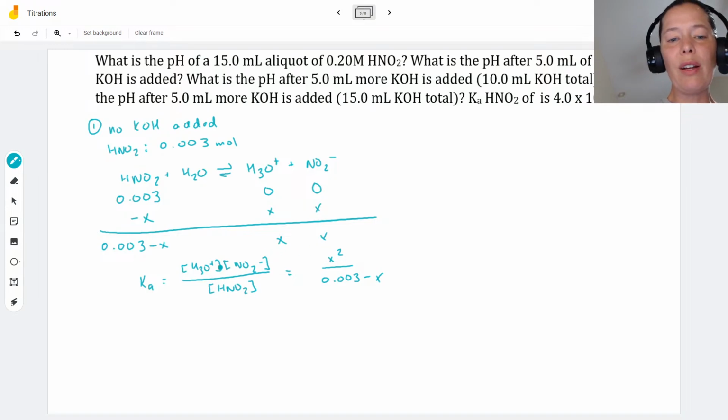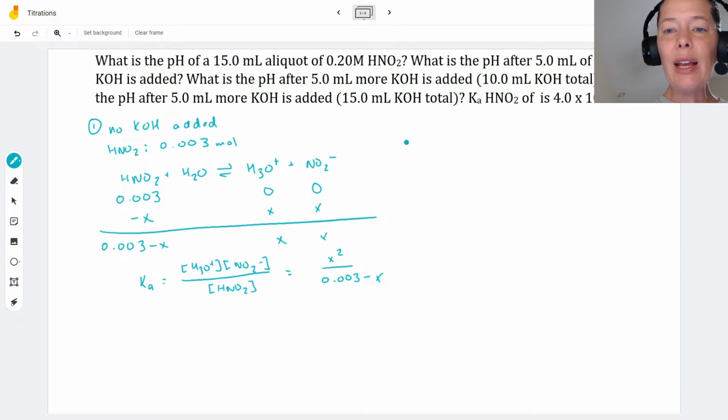Again, this x squared comes from both of these concentrations being x, so I just went ahead and wrote x squared. Now, I really don't want to have to solve this using the quadratic formula, so I'm going to test and see if I can drop this minus x here, and very often in your weak acids you can, but let's test and see.